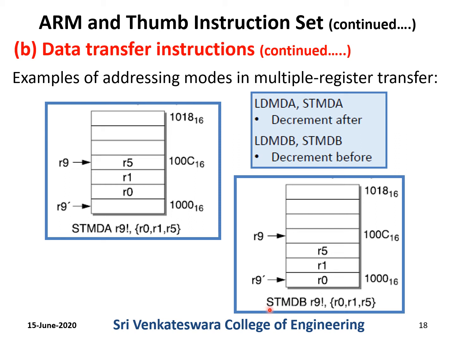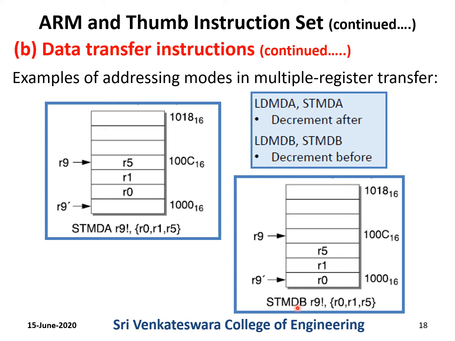Now see this store decrement STMDB instruction. This is about decrement before. Before the register contents are stored into the memory location, R9 has to be decremented. Assume R9 is holding the value 100C. So 100C has to be decremented first, and then R5 is loaded.